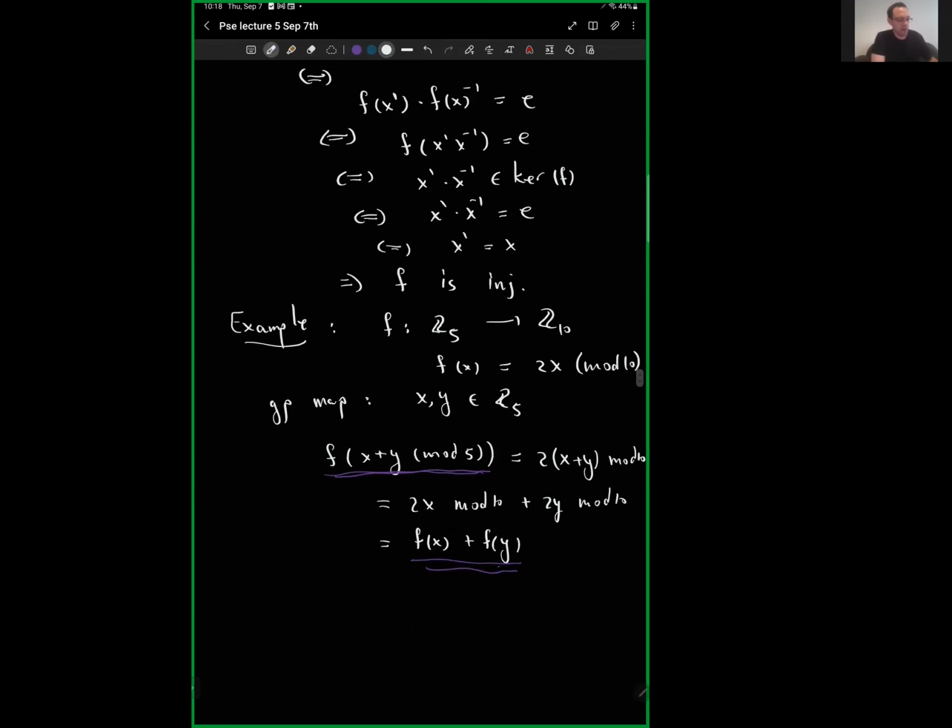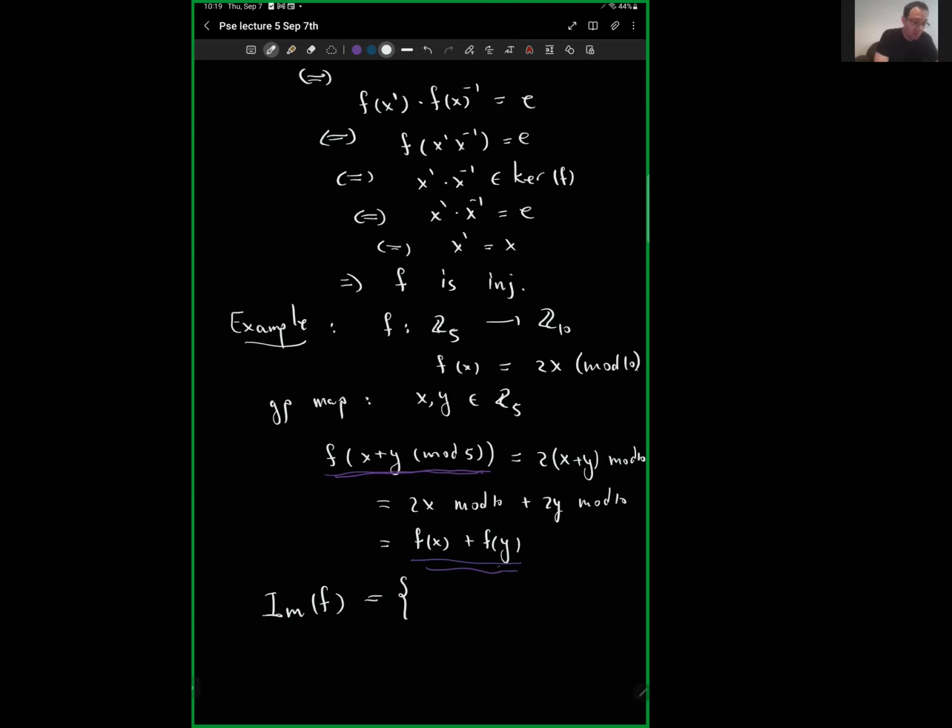And let's see what is the image of f. Can anybody say? Could be all of the integers modulo 10, no?